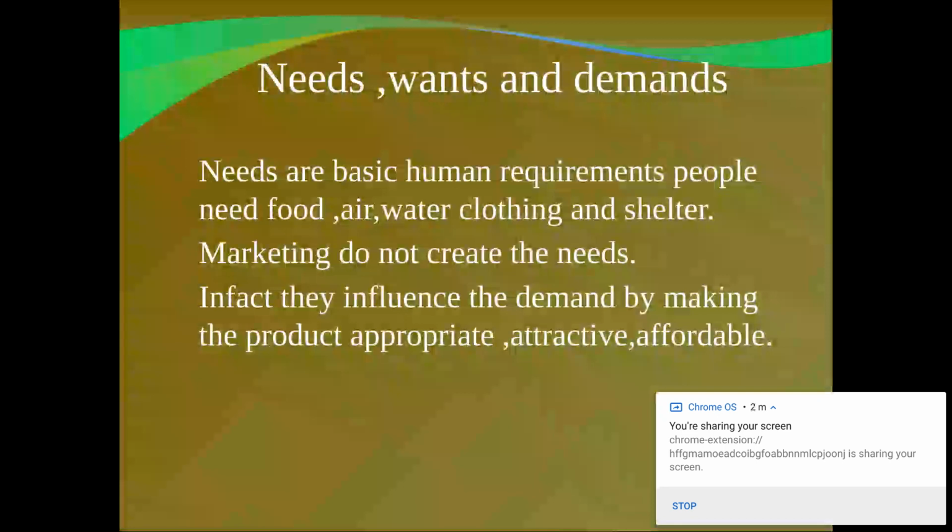So, there are five needs of human beings, and the aim of the marketer is to modify these needs according to his products, to suit his offerings, so that he can offer the right mix to the market. So they influence the demand by making the product appropriate, attractive, and affordable. These three A's are very important: appropriate, attractive, and affordable.